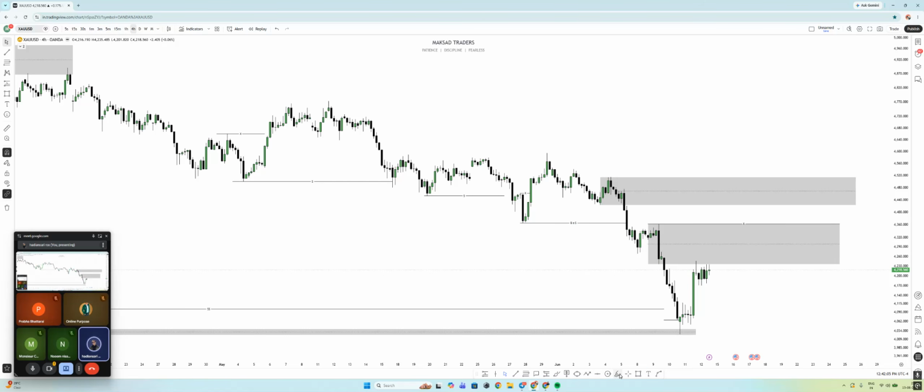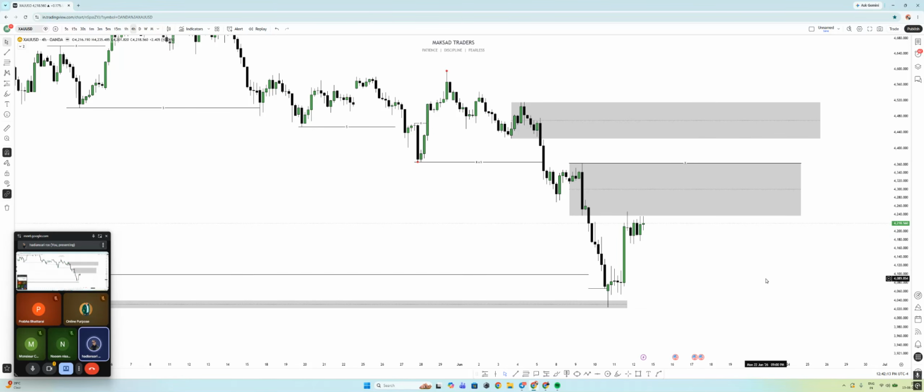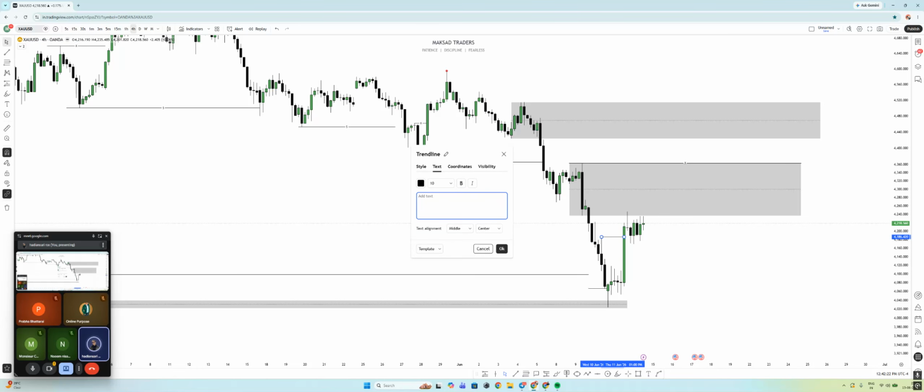So when you get the break of structure, your high is confirmed, your low is confirmed. Now when you get the break of structure, what you're looking for is inducement, right? So where should your inducement be? Your inducement should be here, because this is the last pullback. If you're doing SMC, then you should know about pullbacks.